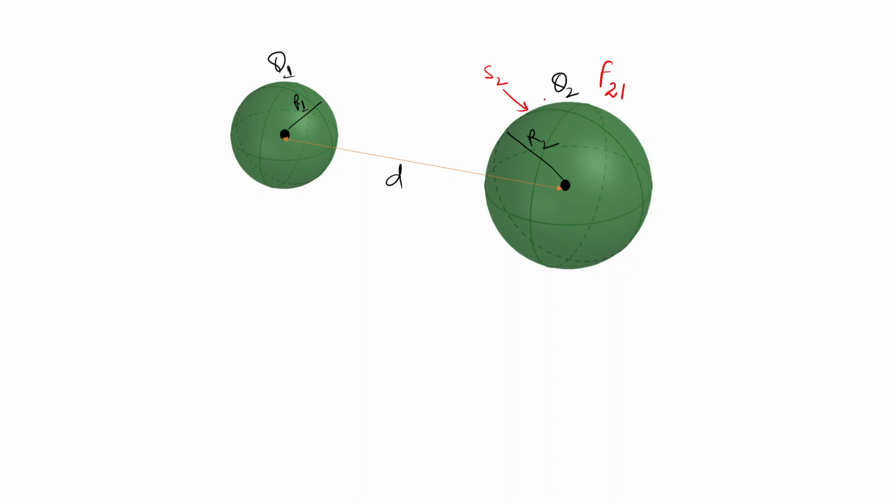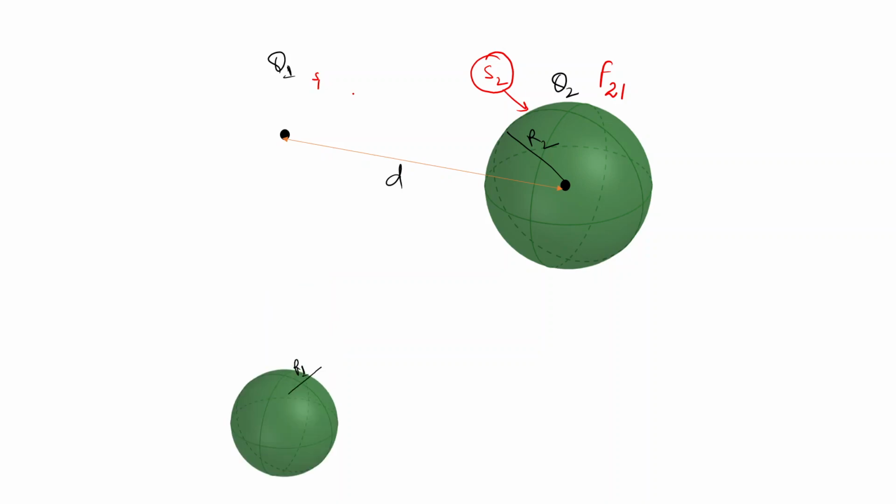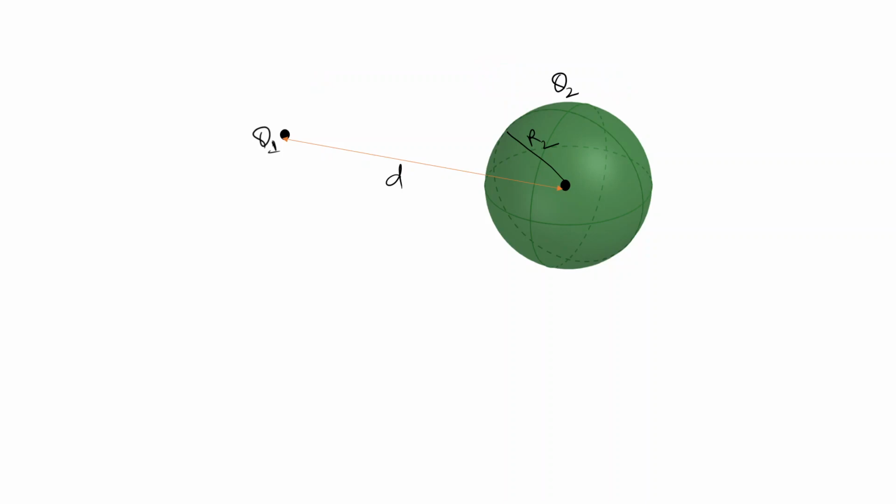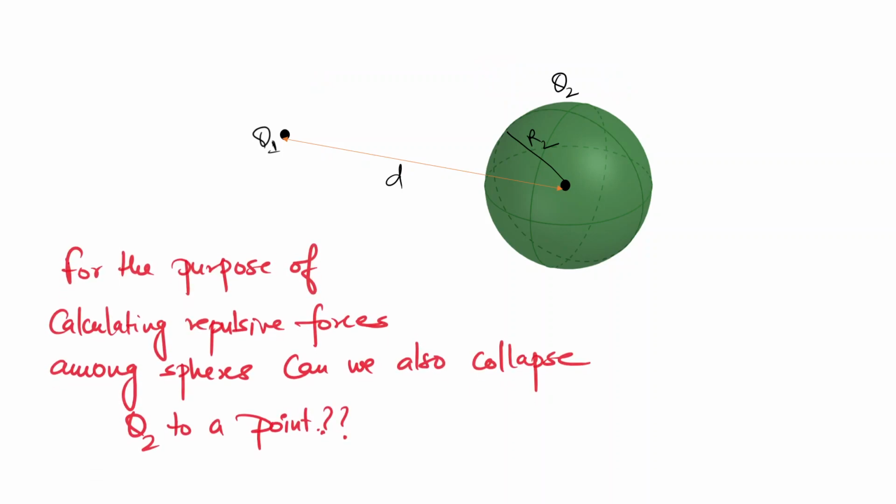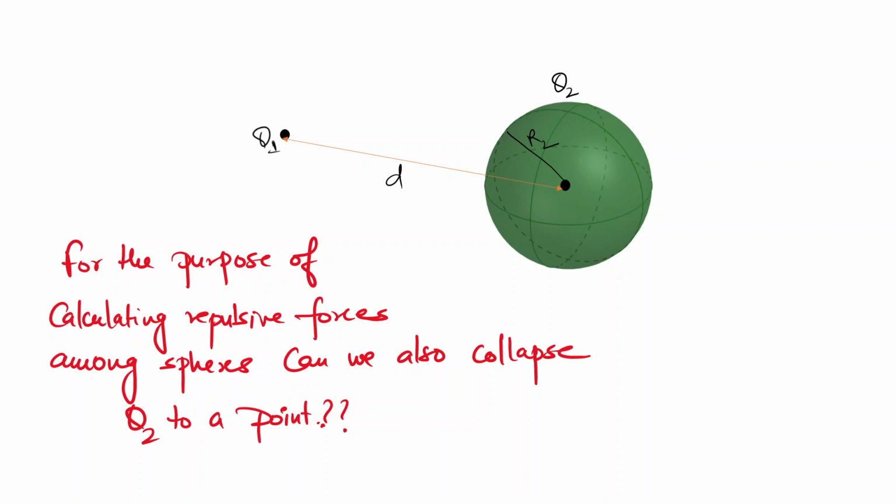Don't go into circular reasoning. I am making myself very clear here: I am figuring out the force of repulsion on S2 due to S1, and because of the same kind of fields, I can replace this S1 by a point charge, and then my force of repulsion on S2 will still be the same. So the question is this one: can we also collapse Q2 to a point?